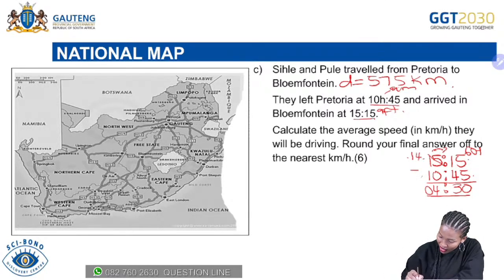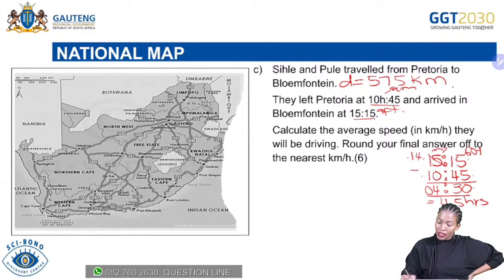So we know that our time is 4 hours 30 minutes, which is the same as 4,5 hours. Converting that, we convert 30 minutes. Remember, 1 hour is 60 minutes. So if you have 30 minutes, it means it's half of an hour. That is why 4.5 hours or 4,5 hours.